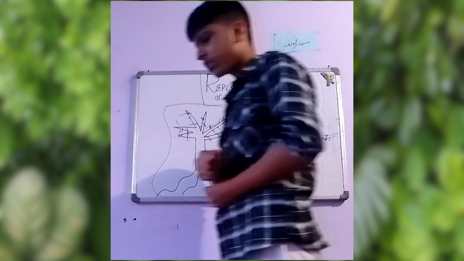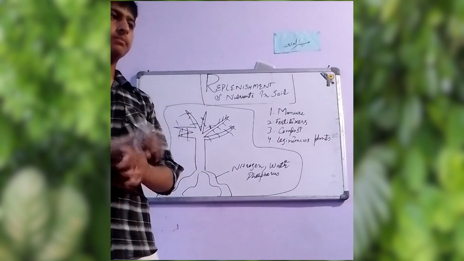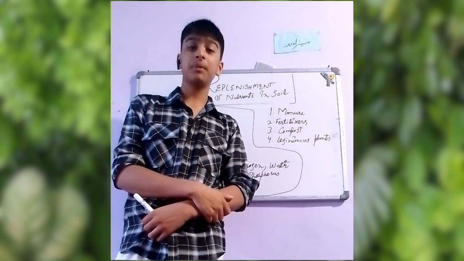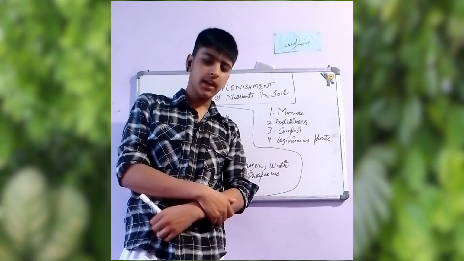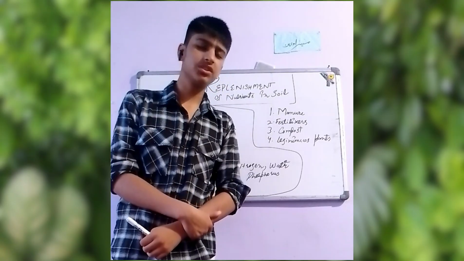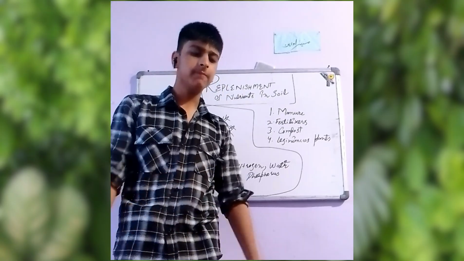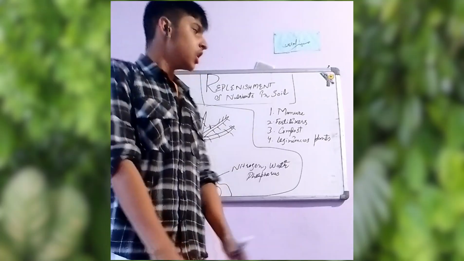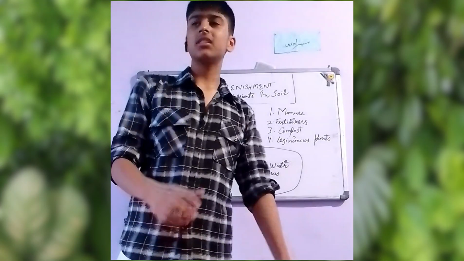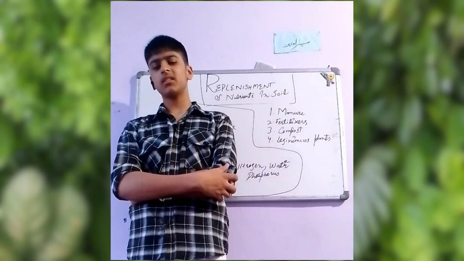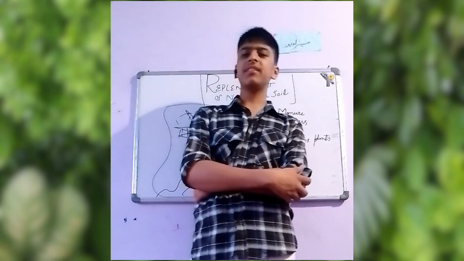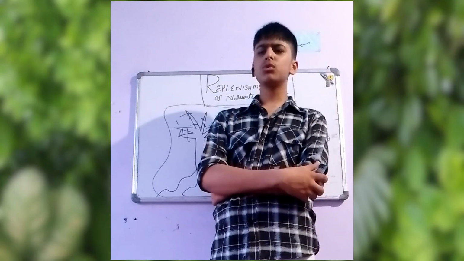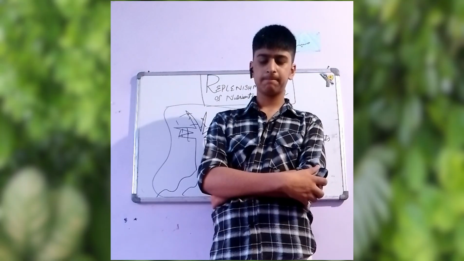So after we have learned many things about plants, how plants prepare their own food and the different types of nutrition in plants, moving next, have you ever wondered, if you meet a farmer, he grows crops in the soil.